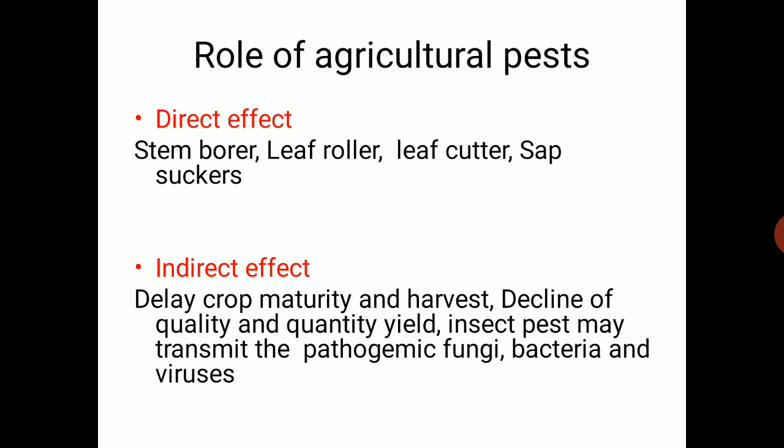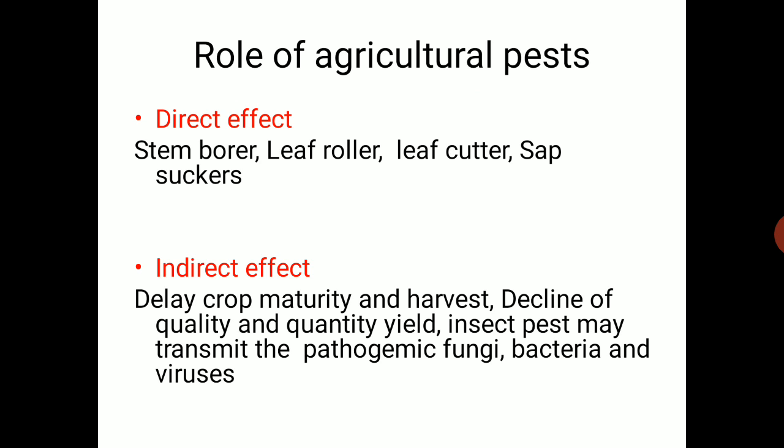The insects causing the damage also act as transmitting agents, because they may transmit pathogens like fungi, bacteria, and viruses, which secondarily affect other crop plants.